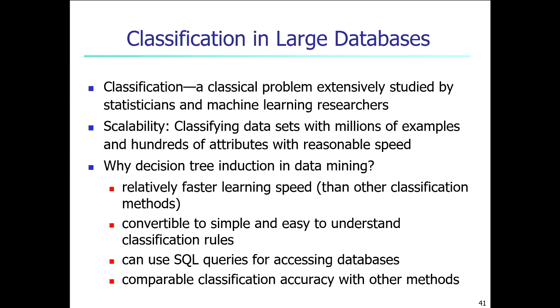Then you can get the data. And the accuracy or the performance of the decision tree classifier is comparable with other methods. So that's why the decision tree and its variants are still widely used, even in the current research and applications.